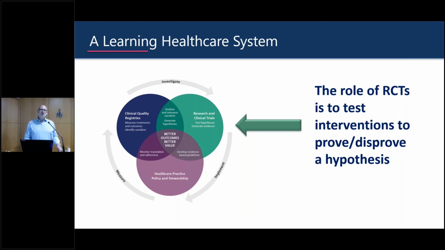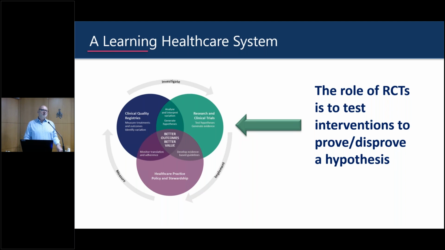And so there's a virtuous cycle here in which the role of randomised controlled trials is to generate evidence about the effectiveness and the cost effectiveness of interventions, which are transferred into health practice and policy, and registries then have the role of evaluating and measuring whether or not those interventions are appropriately implemented into clinical practice.